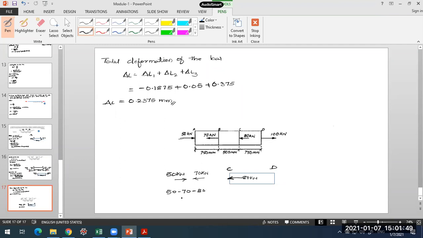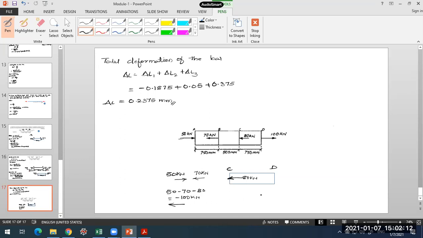Plus 50 minus 70 minus 80. It comes out to be minus 100. Minus 100 means it is towards left. So the net force on the left face of this section is 100 acting towards left.